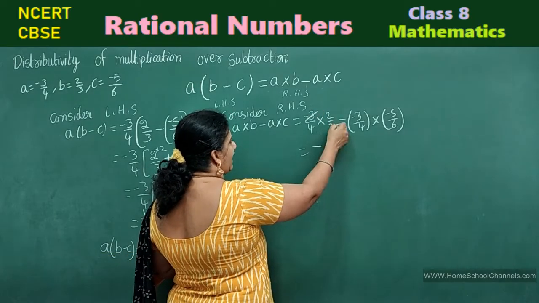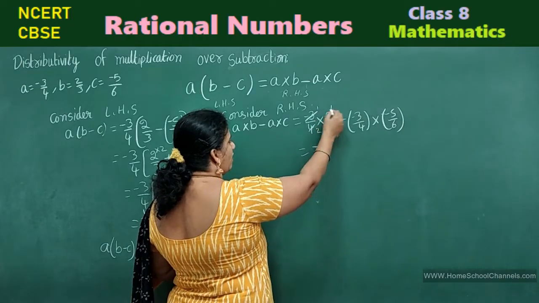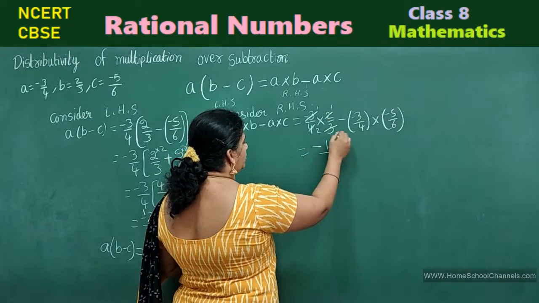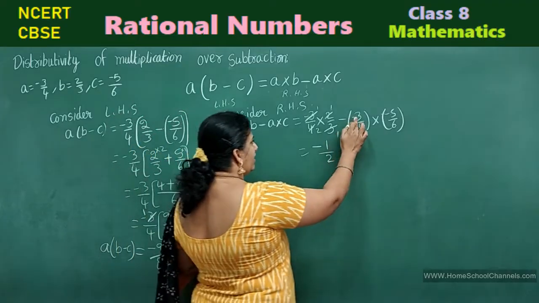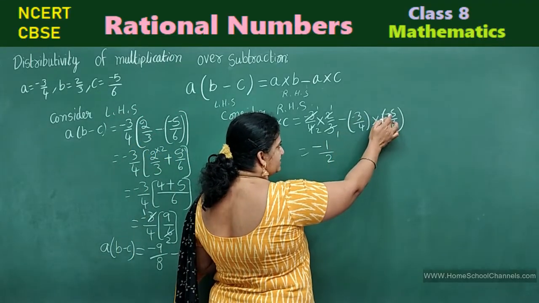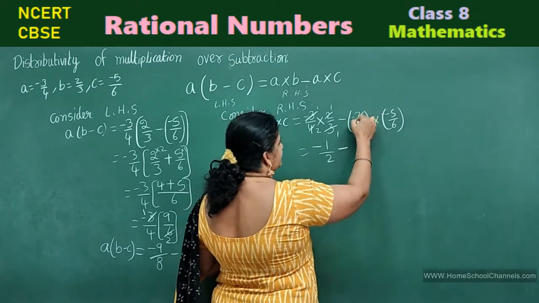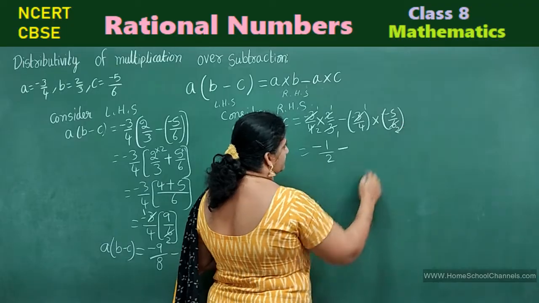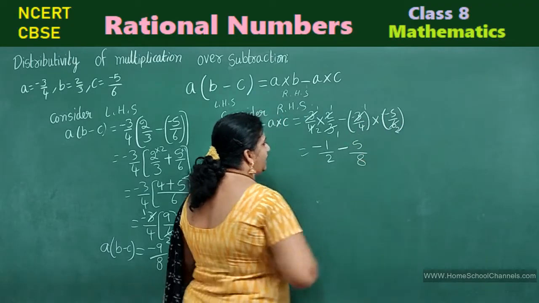If you want, you can cancel. 1s are 2 1s, 2 2s are... 1 into 1, 1. 2 into 1, 2. Minus 1 by 2. And here minus into minus plus, plus into minus, minus. Cancel 3 ones, 3 twos. 5 ones are 5 by 4 twos are 8.